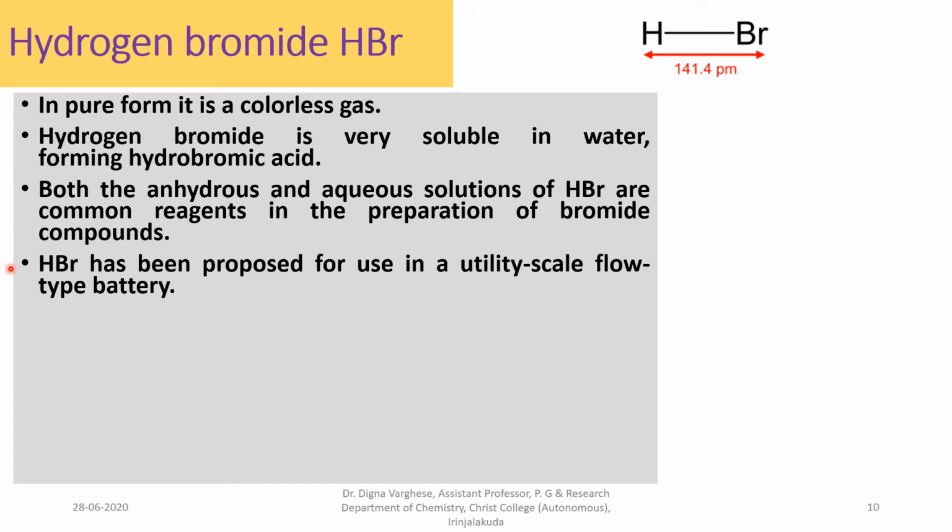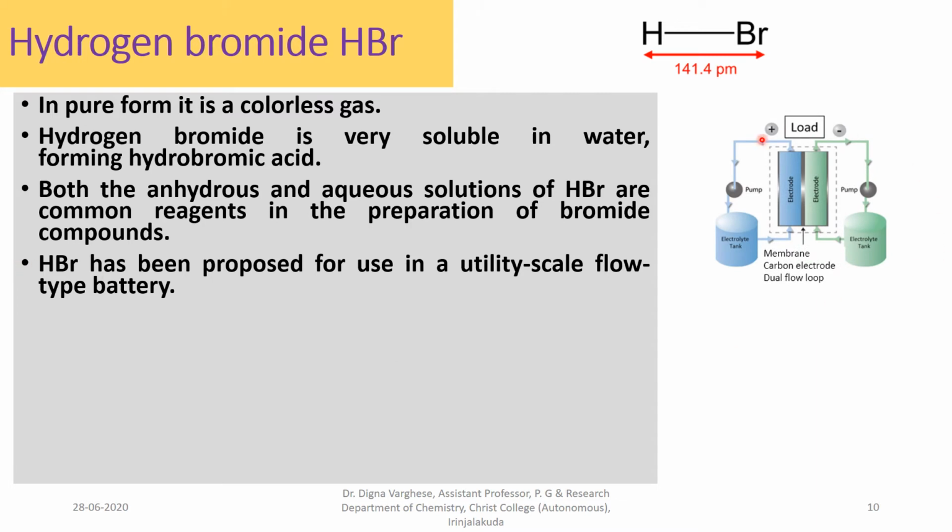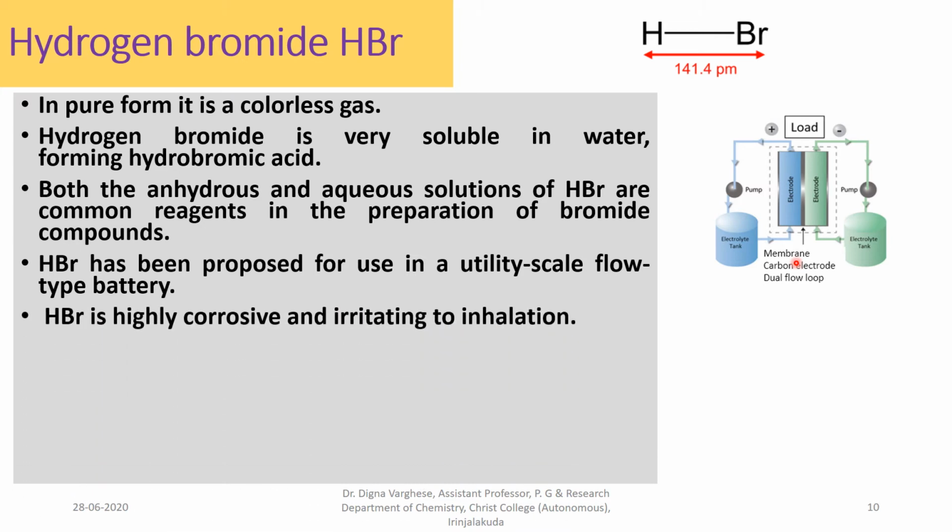HBr has been proposed for use in a utility-scale flow-type battery. In this type of battery, both the cathode and anode are separated by an ion membrane, and it is like a fuel cell or an electrochemical cell. HBr is highly corrosive and irritating to inhalation.